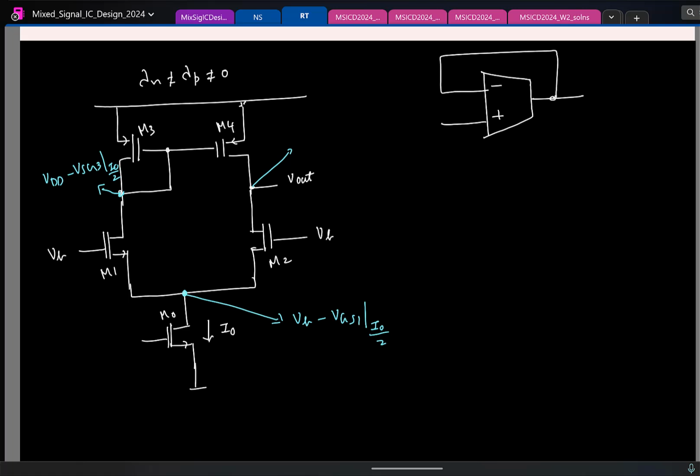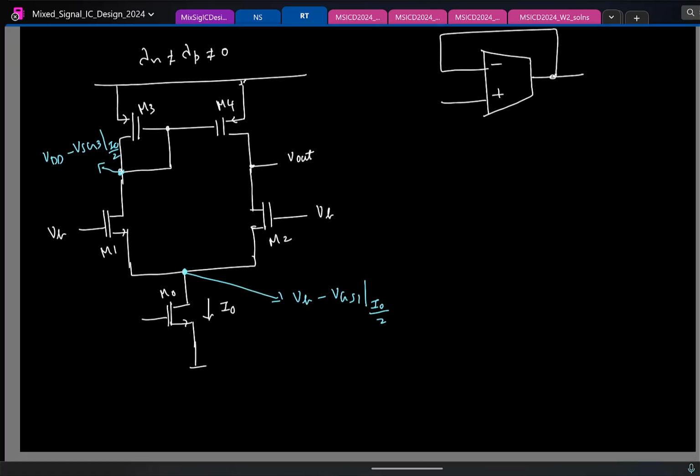let me erase this. Ideally at the inputs of the two gates I'll have a DC bias plus a small signal, and the small signal can in turn be decomposed as a common mode part and a differential mode part. So let me call the common mode part of the small signal VICM.